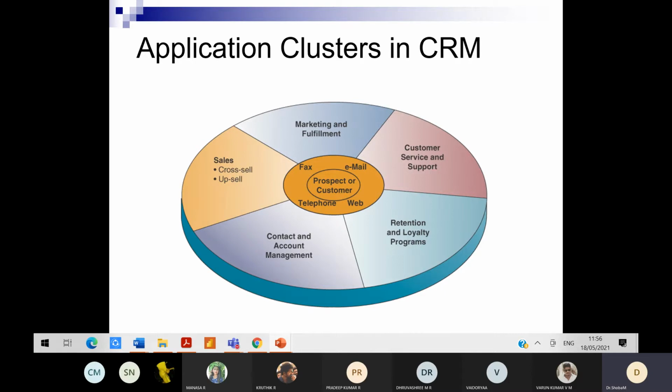Fine. Okay, so in the previous class, we had started with module 3, the customer relationship management, and I was explaining the three important things we will be looking into in this module. First is customer relationship management, second is supply chain management, and third is enterprise resource planning.